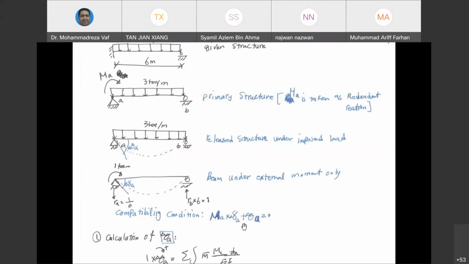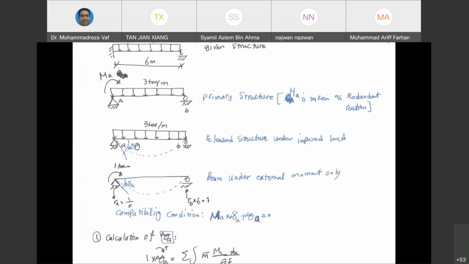And then we write down our compatibility condition. This compatibility condition is exactly similar to the previous example. The only difference is that instead of having delta V and delta VB, this time we have theta A and gamma A. So you can see gamma A multiplied by M plus delta theta A should equal zero because we don't have any rotation over there.